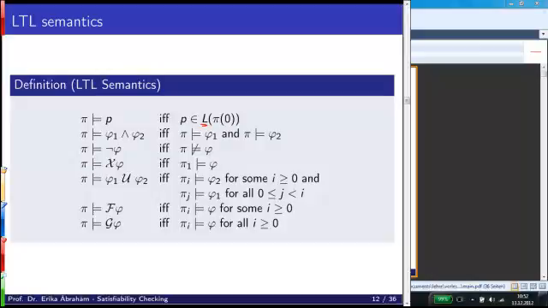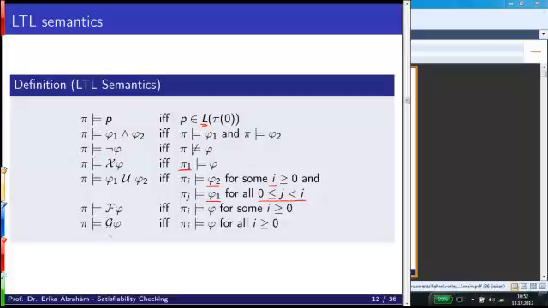A path satisfies next time phi if the subpath starting at the next state satisfies phi. It satisfies the until operator if the second operand is satisfied after a finite number of steps and the first operand holds all the time before.